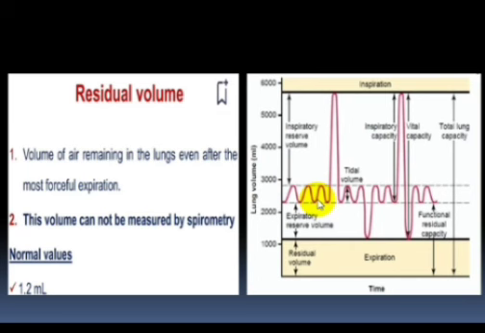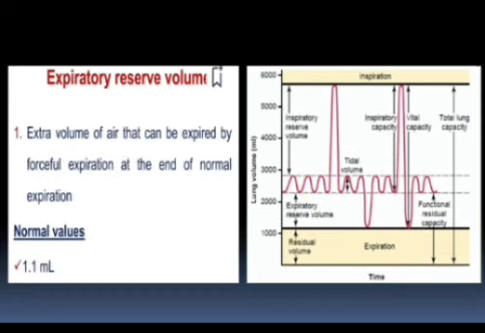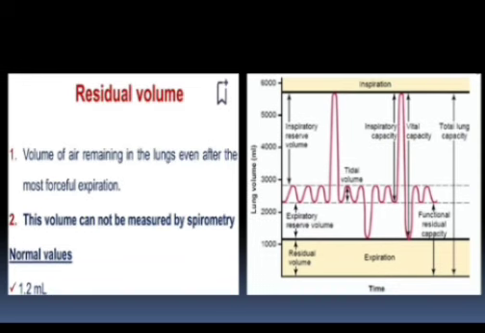Remember, during the last lung volume we just did, expiration, you expired forcefully.